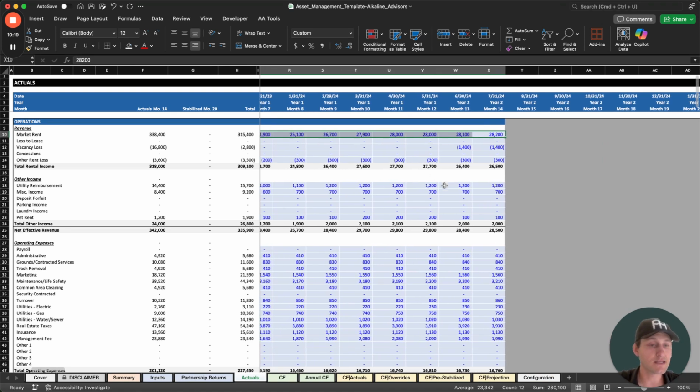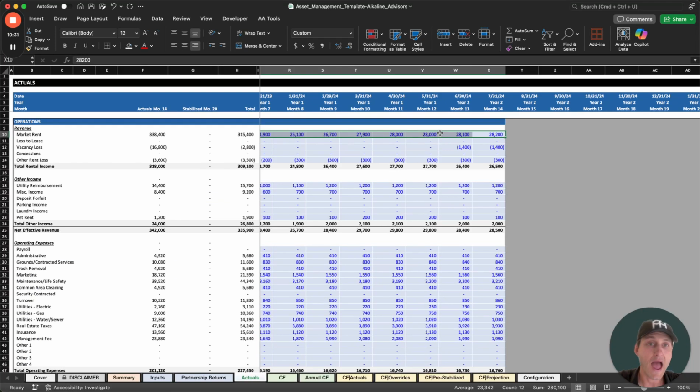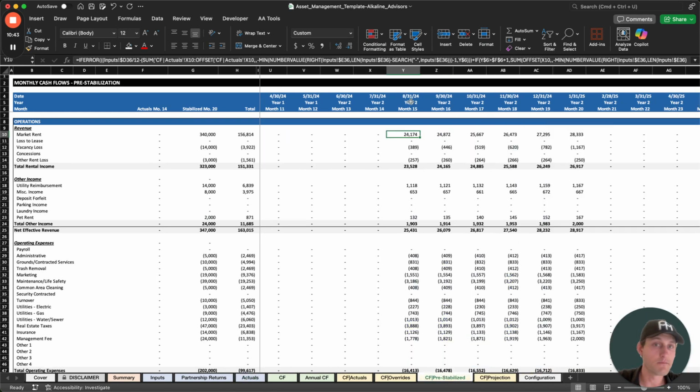And then we're taking the difference between that $340,000 and that $280,100 that we just calculated. And we are then dividing that over 6, because there are 6 periods until we hit stabilization.